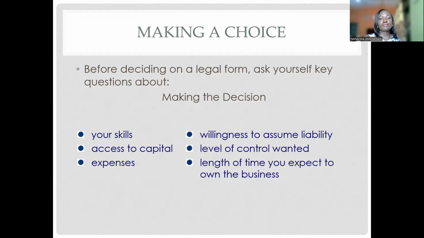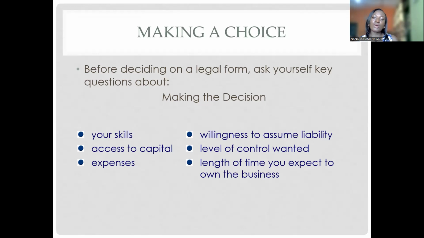Great. So in an attempt to choose a type of business ownership, what do you consider? What should influence your decision in choosing the type of business ownership that you should go for? One of the key things is your skills. How skillful are you in a particular area? That will help you determine whether you should choose that or that.